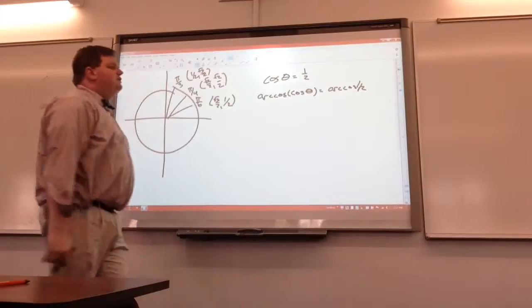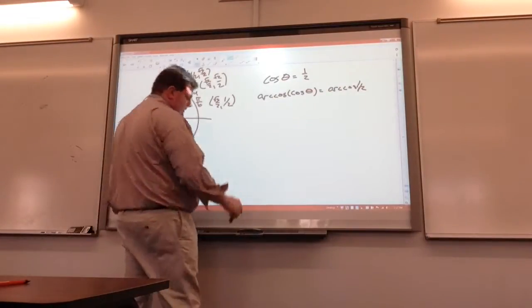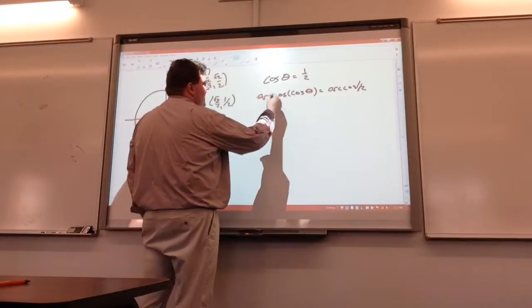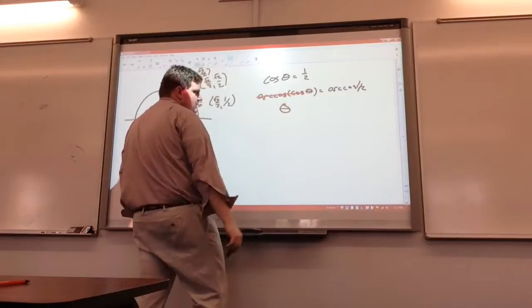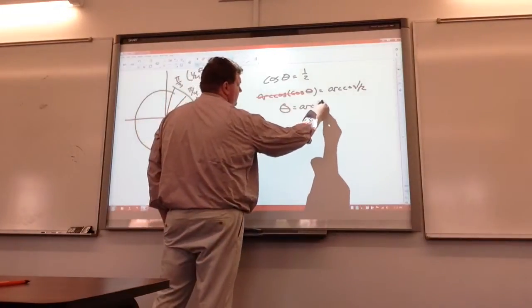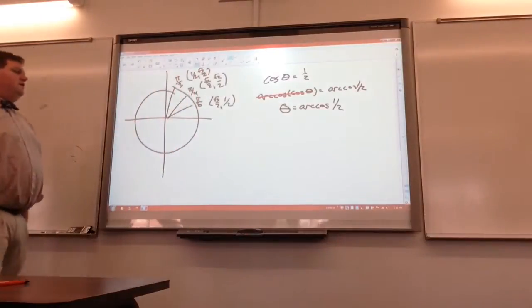And so I'm really doing the arc cosine of 1/2. What happens in this case is that these cancel each other out, giving me just theta. Theta is equal to arc cosine of 1/2.